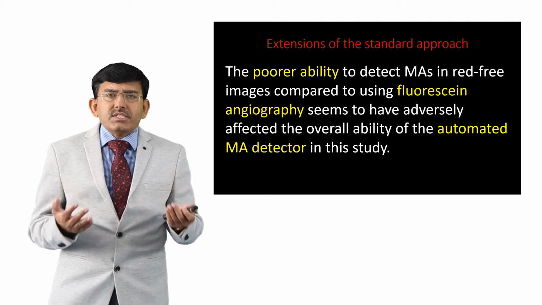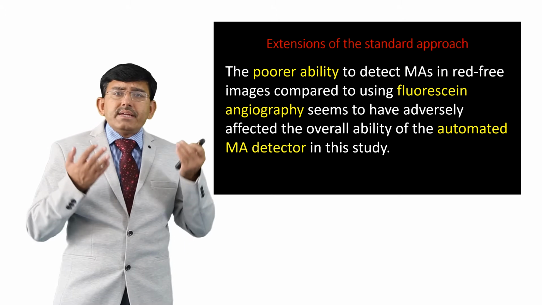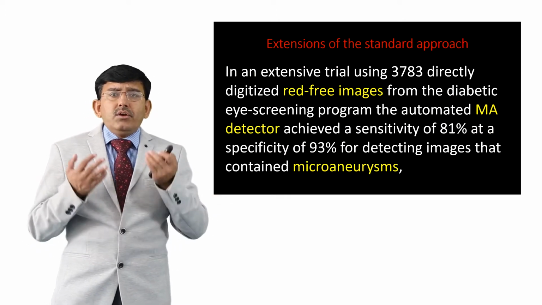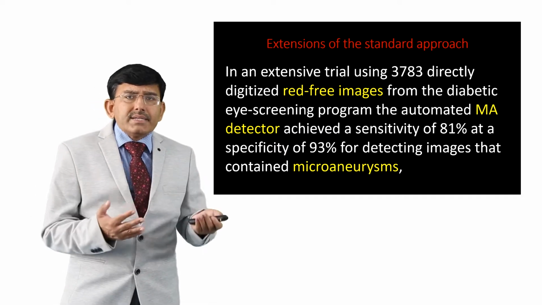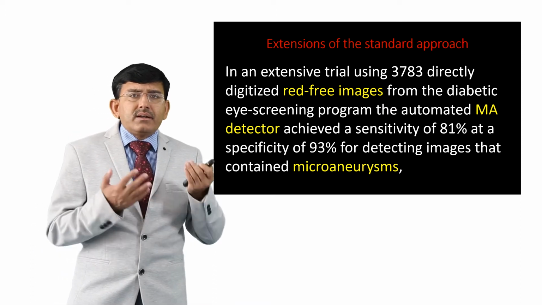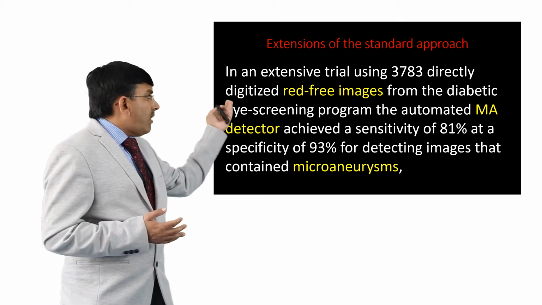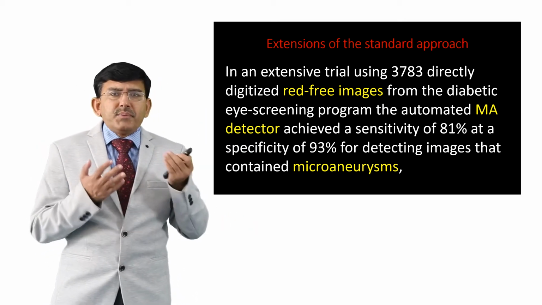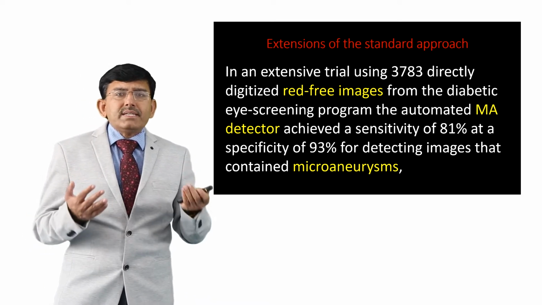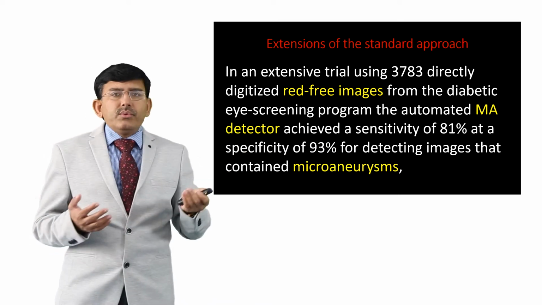In an extensive trial using 3783 directly digitized red-free images from the diabetic eye screening program, the automated microaneurysm detector achieved a sensitivity of 81% at a specificity of 93% for detecting images that contain a lesion called microaneurysm.